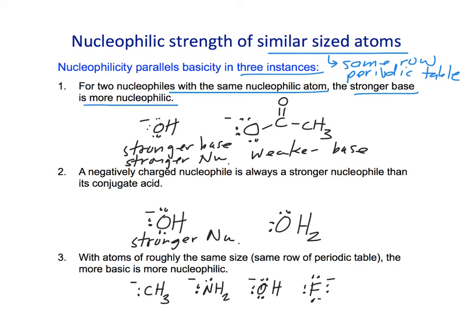Because acidity increases as we go to the right, going across the periodic table, basicity increases when we go to the left. So as we go from right to left here, we get more basic and we make stronger nucleophiles.